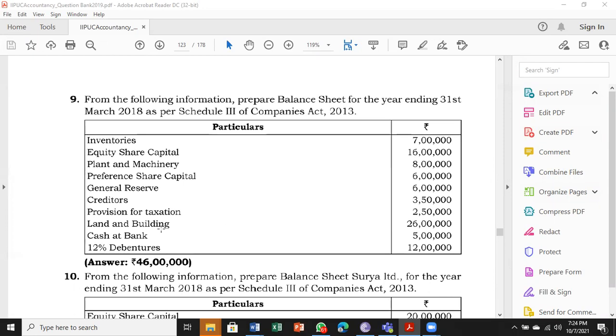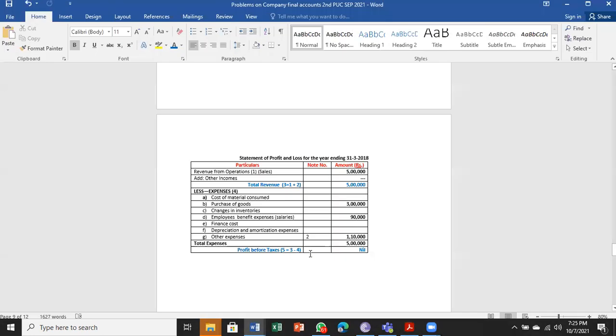So it is a liability. Land and building, tangible asset, cash at bank asset, 12% debenture is a liability. So let me get into the working part of it.